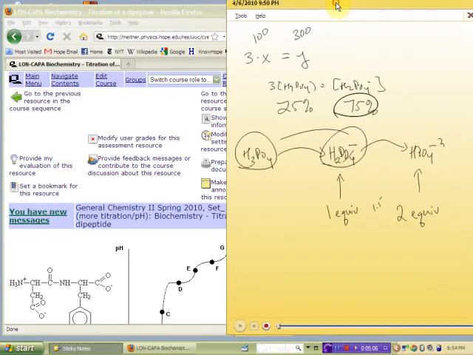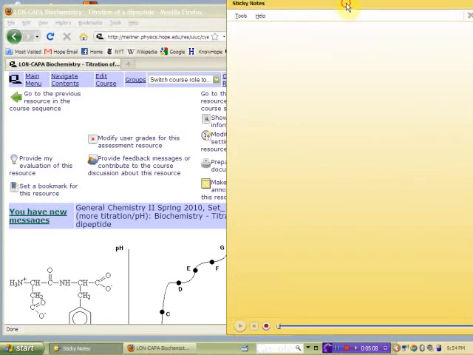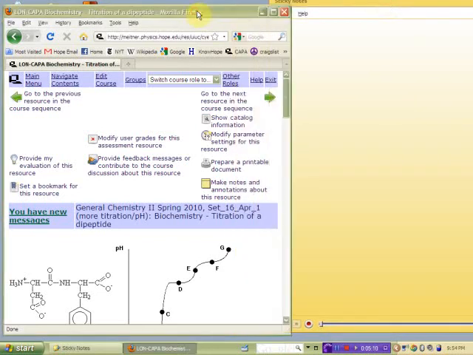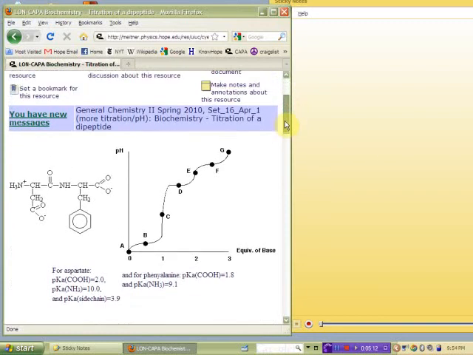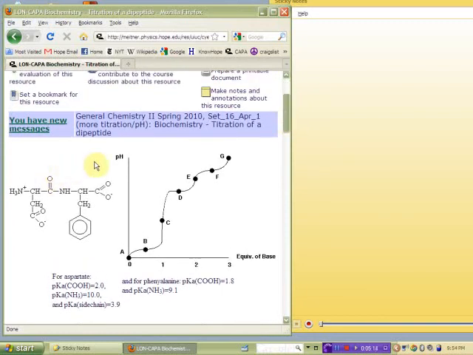And this one, which I think was the last one. Here you have a dipeptide. This part is the aspartate, and this part is the phenylalanine, and they are joined with a peptide bond or an amide bond.